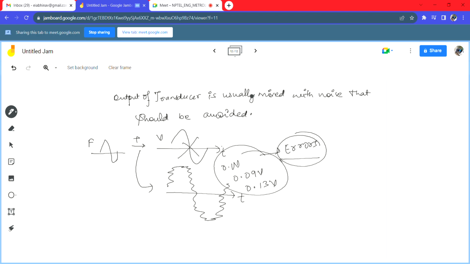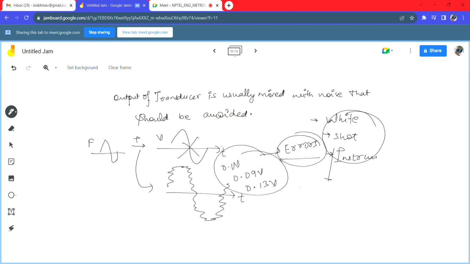and these noises are classified into white noise, shot noise, instrument noise, whatever.